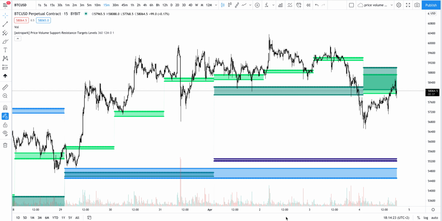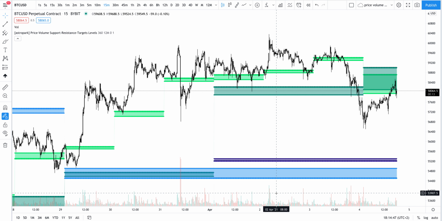So where you want to put your stop loss, where you want to put your take profit level 1, level 2, level 3. This indicator can be used on all time frames and on all markets, as we will see in this video.